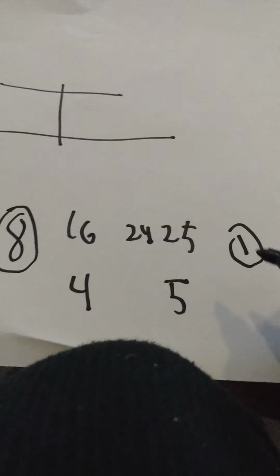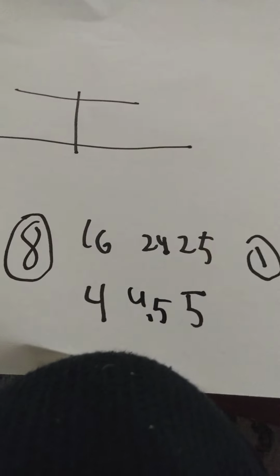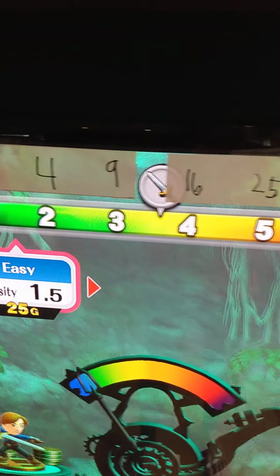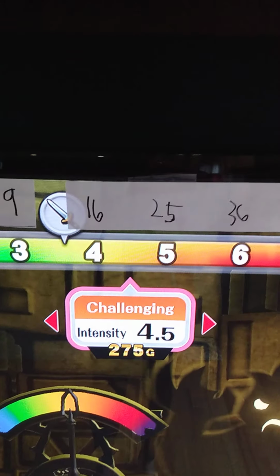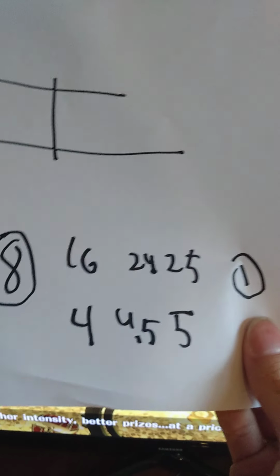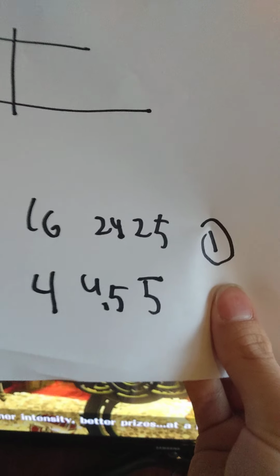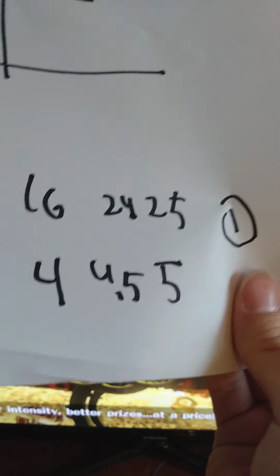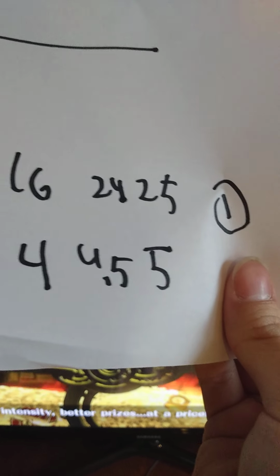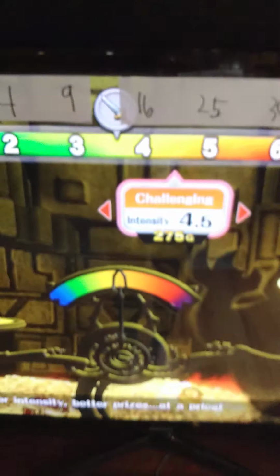So we know that it can't be 4.5. Because 24 and 25 are almost the same, close to each other, we should get a decimal that is higher than 4.5.